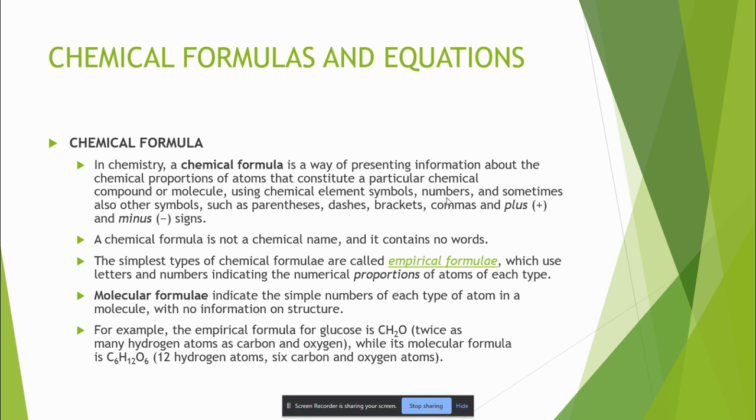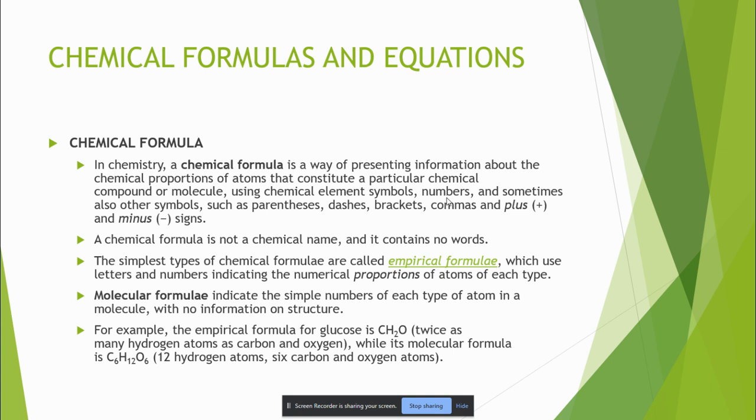So a chemical formula is a way of presenting information about the chemical proportions of atoms that constitute a particular chemical compound or molecule. Say we have a compound, CO2. The chemical formula for that, CO2, is telling me the proportion of the atoms there. And how do I represent it? I use the symbols of the atoms, and I also use numbers. So you use chemical element symbols, numbers, and sometimes other symbols such as parentheses, dashes, brackets, commas, and plus.